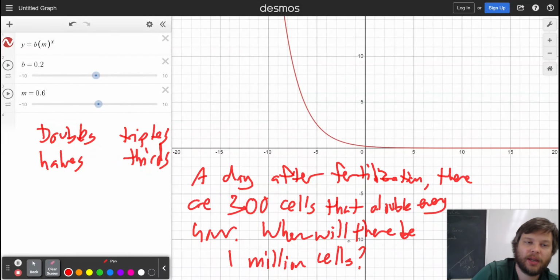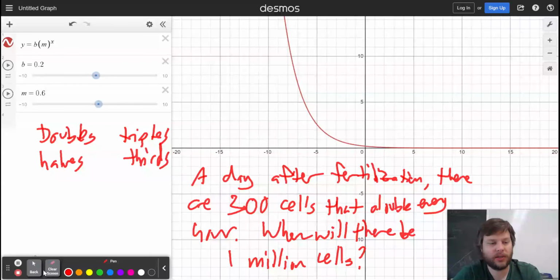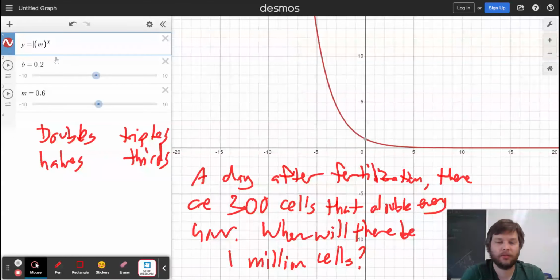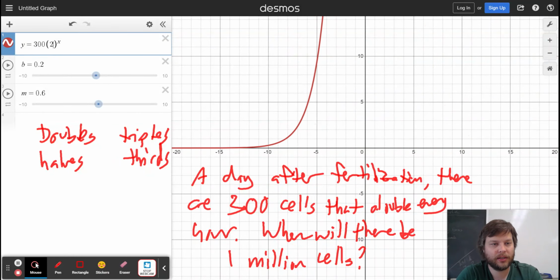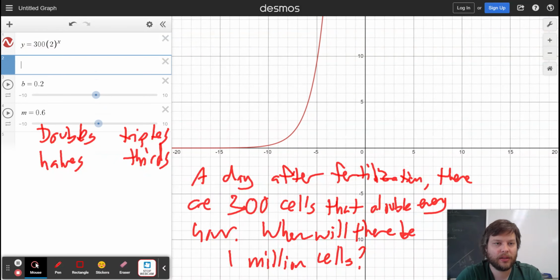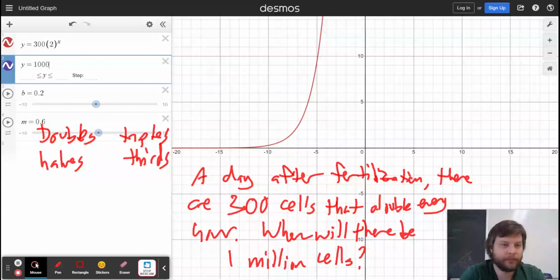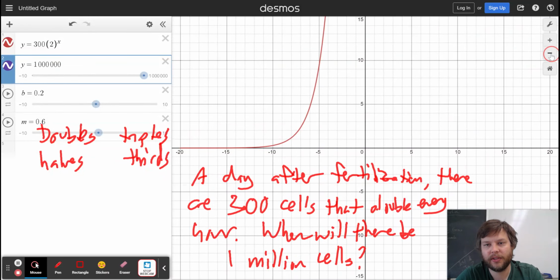cells? In that case, we would be changing our model to be y equals, it started in this word problem with 300, it doubled every hour, and we want to know when it gets up to a million, so we can go y equals a million, and then we're obviously going to need to zoom way out.